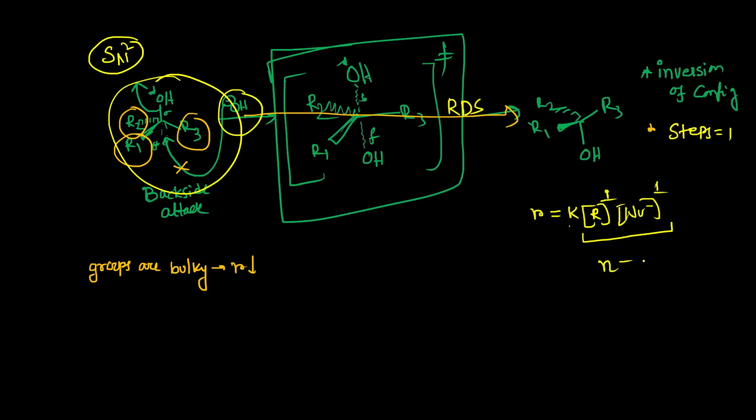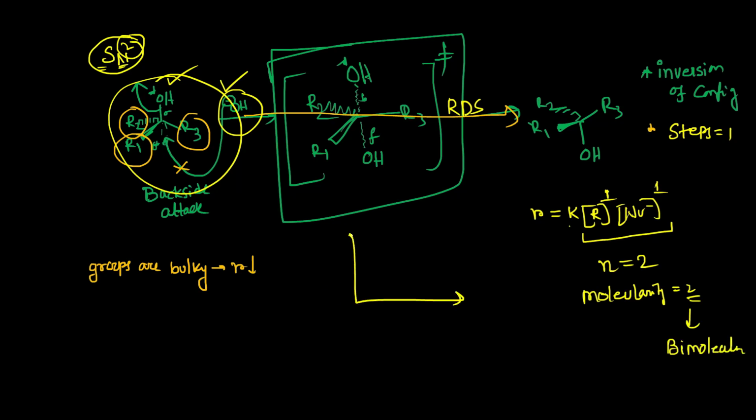So order of reaction is 2 and molecularity is 2, because in the RD step 2 species are involved. That's why this is called nucleophilic substitution bimolecular. Molecularity is 2 means this is called bimolecular.